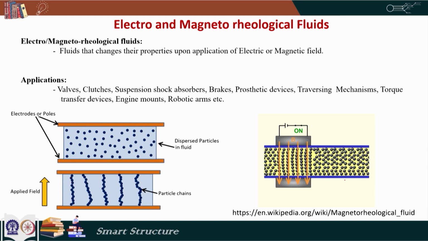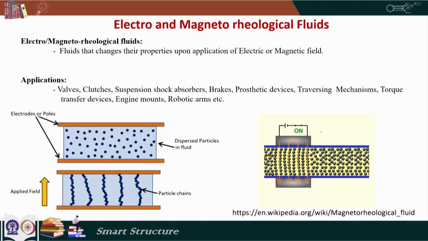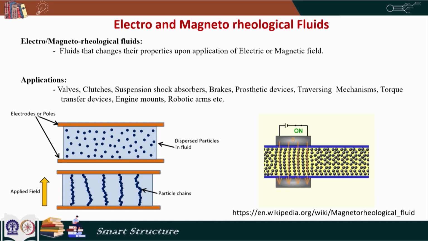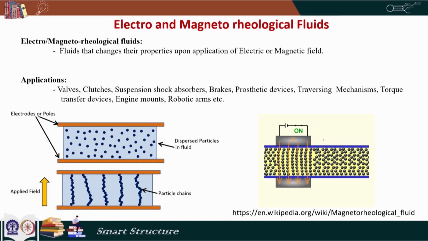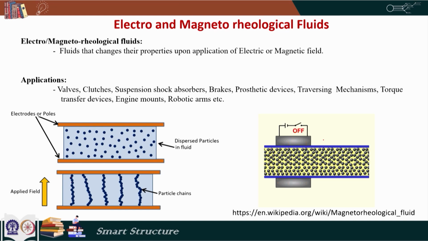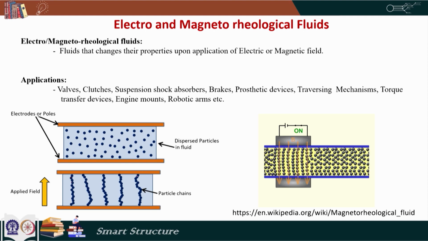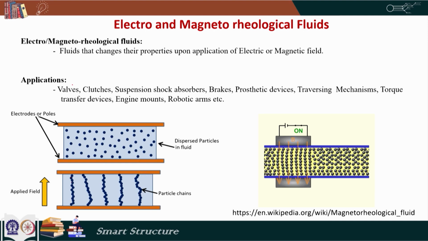Now this animation taken from Wikipedia shows it in a much better way. So we can see that when there is an applied electric field, these chains are forming, and that is what we see as electrical and magnetic effects. Now the blockage of this flow has applications as valves.